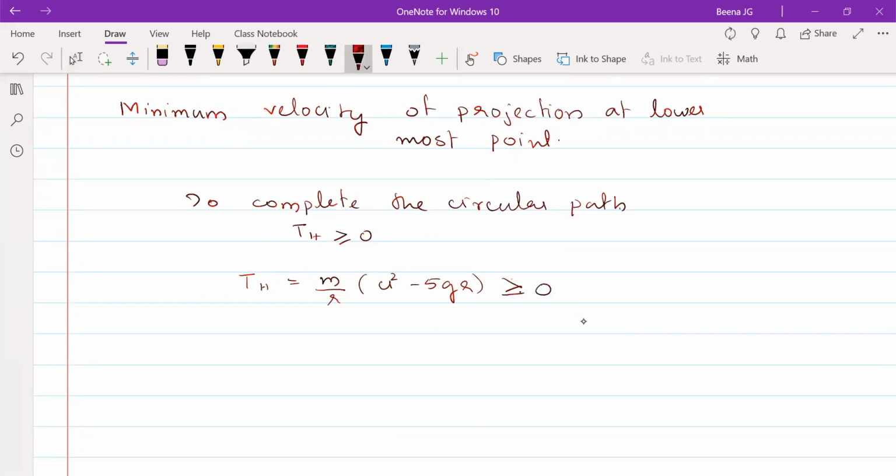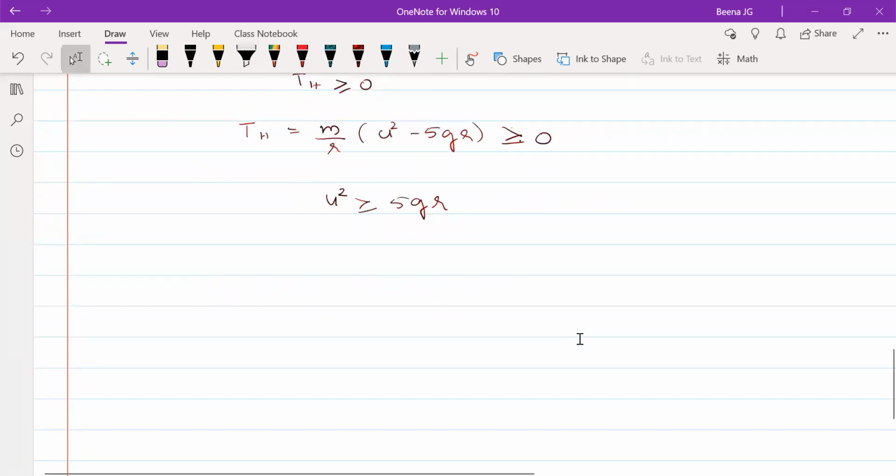So if it has to be greater than or equal to 0, then you can tell that u square should be greater than or equal to 5gr. Or else you can tell u should be greater than or equal to root of 5gr. That is the minimum velocity required to be given if the particle has to complete the loop.